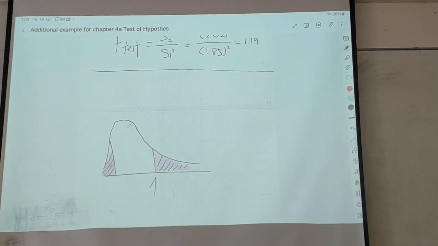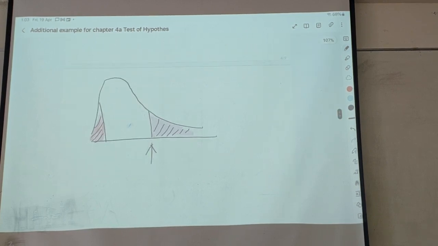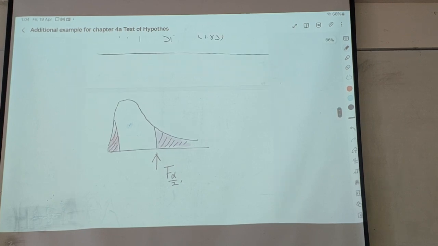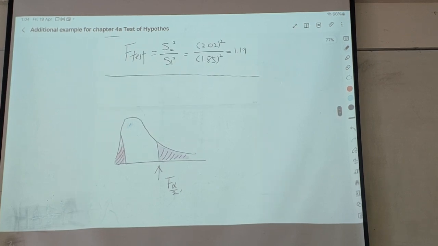For here, we have to use F alpha divided by 2. I follow this since I use 2 as S2 first. So this one is 26 minus 1, degree of freedom 26 minus 1 because both are the same.